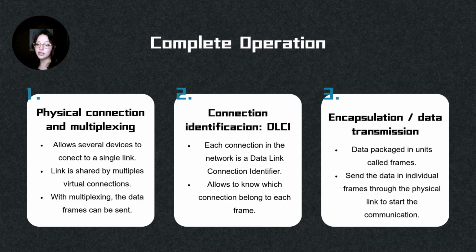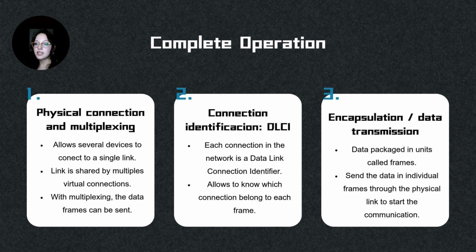And now we're going to continue with the complete operation, which is basically the same steps I already mentioned, but in a little more depth. The first step is the physical connection and the multiplexing. Frame Relay allows several devices to connect to a single physical link, either through a router, a bridge, or a switch.